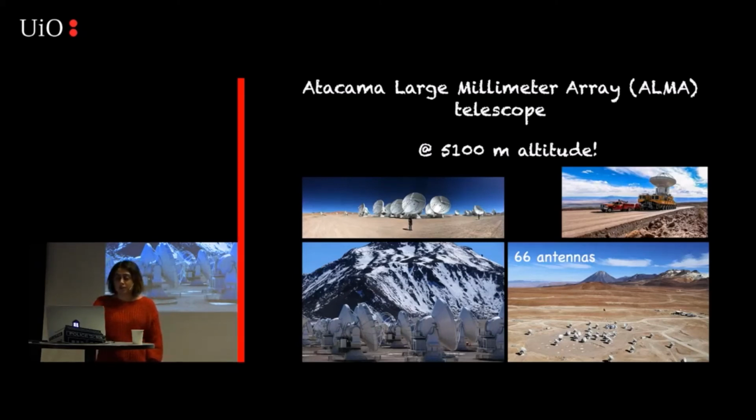This is the most expensive telescope that we have now, and as you can see here, these cars were made to transport the antennas, because these antennas can be moved to change the resolution of the observations. For astronomers, it's very competitive and hard to get time to observe with this telescope.